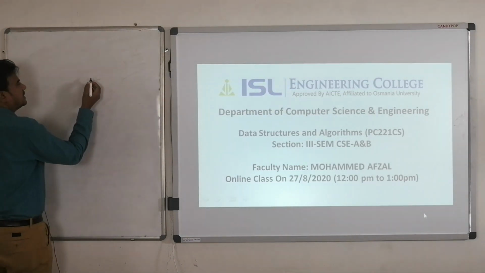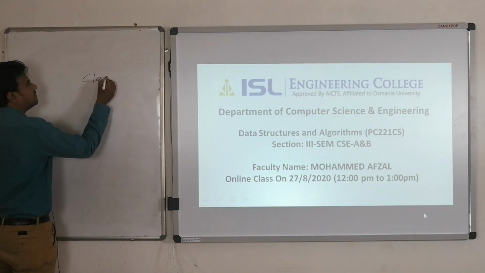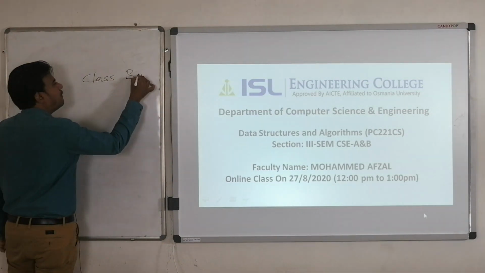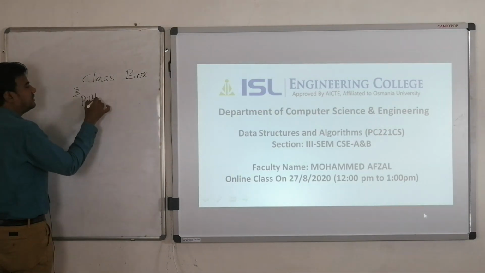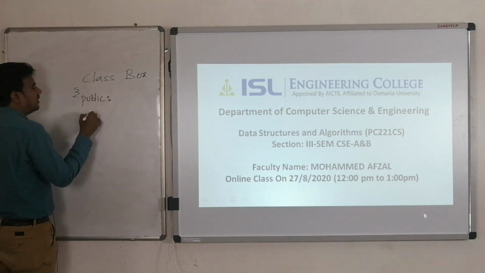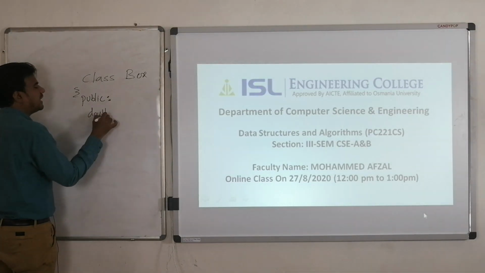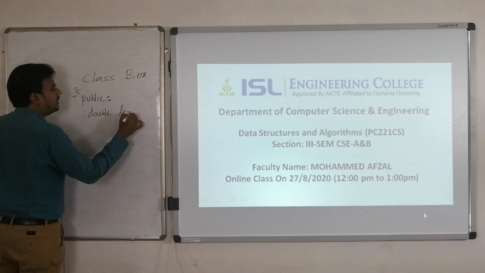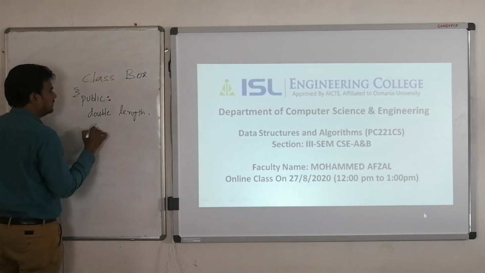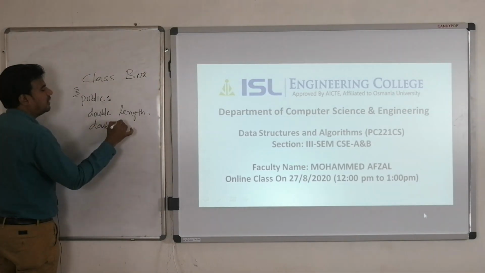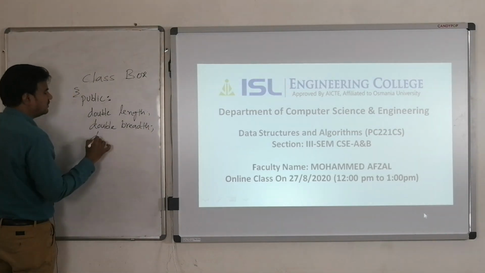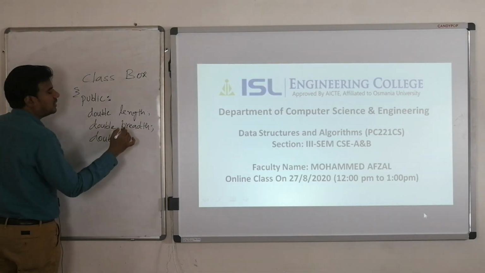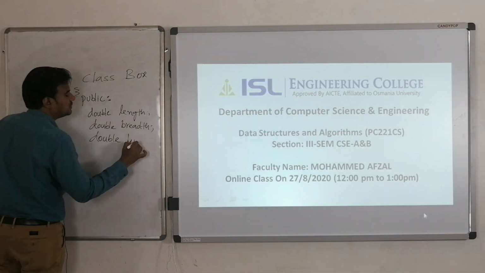Yesterday we have seen a class something like this, class box. My class name is box, and we declared some data members in it, all of type double: length, breadth, and height.